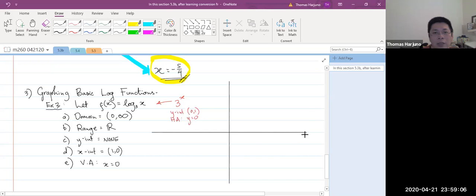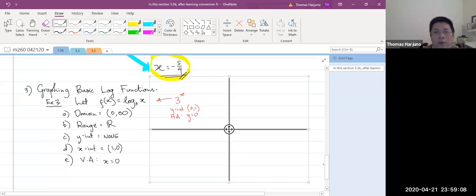Okay, let's say we try to sketch the graph. Tick 1, 2, 3, 4, 5, and on. Now we have (1, 0) as the x-intercept.